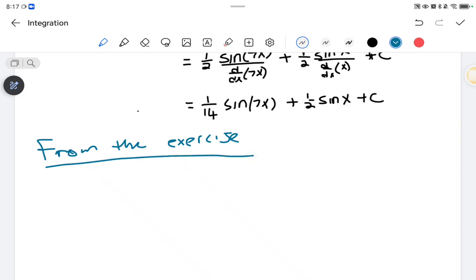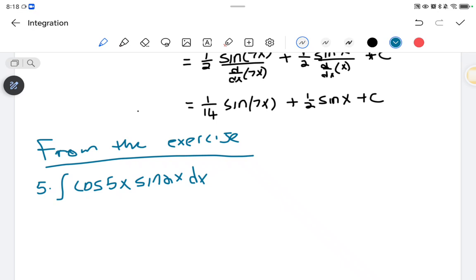This is number 7, right? So let me start with number 5. We have the integral of cos of 5x sine of 2x dx. You see, right? So now from the exercise we have this, which is number 5.